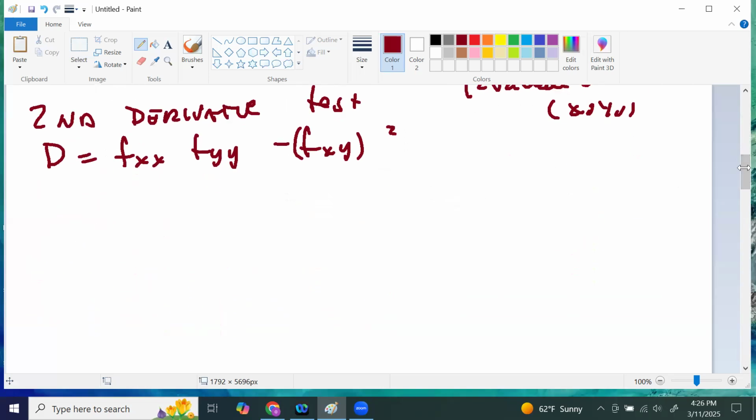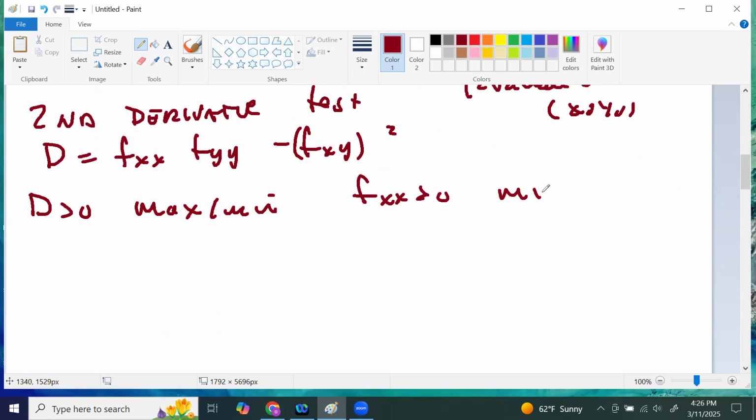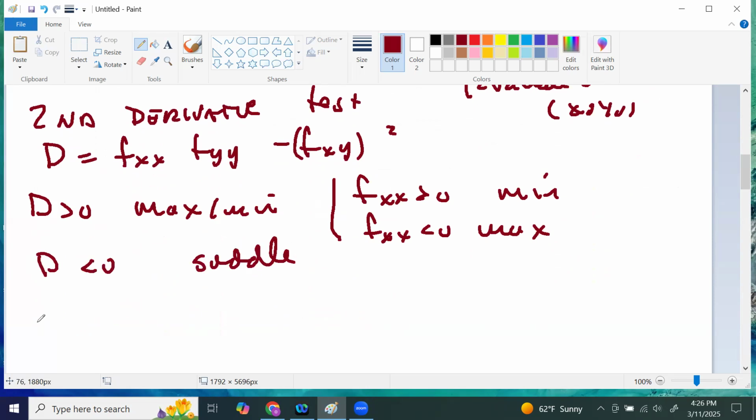If D is positive, that's a max or min, where if this here is positive, it's a min. That's a max. And if D is negative, we have a saddle. And if D equals 0, it's inconclusive.